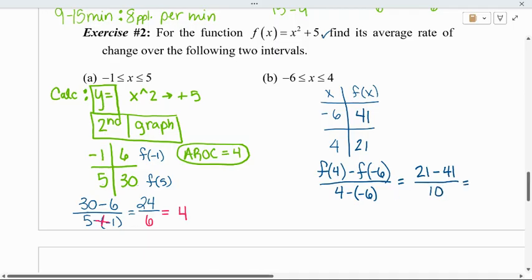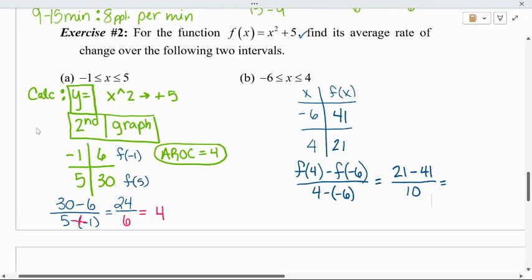What is 21 minus 41? Tim, what is 21 minus 41? -20. What is -20 divided by 10? It's -2. So my average rate of change equals -2.